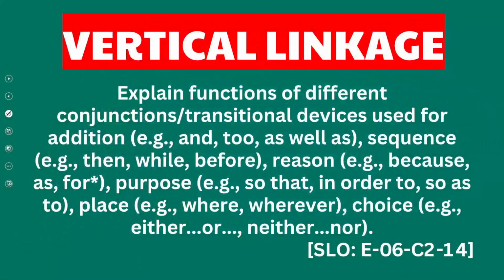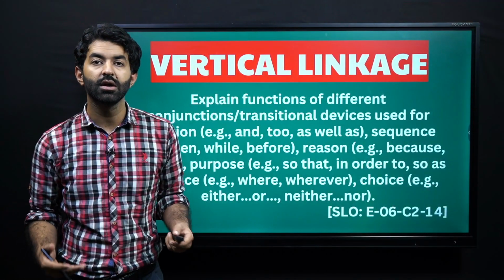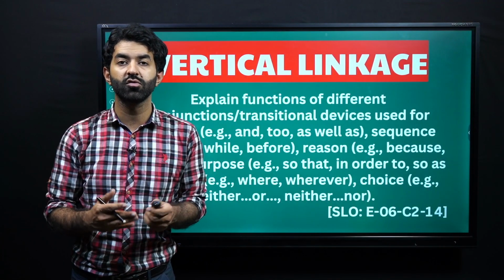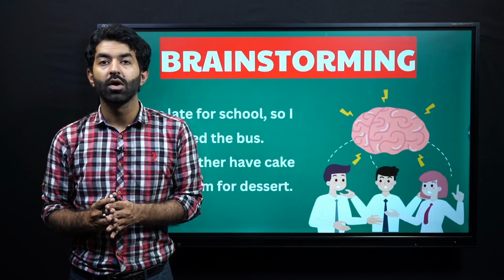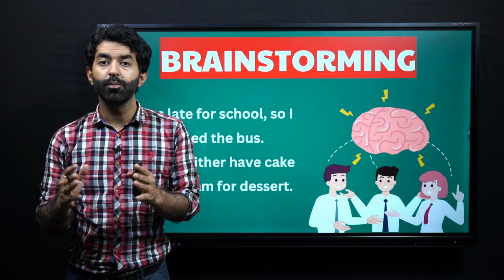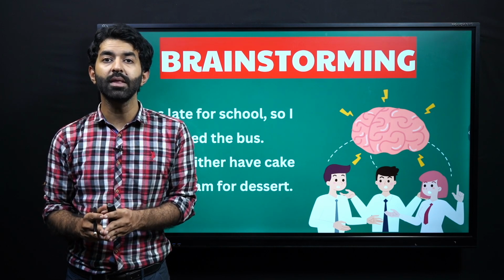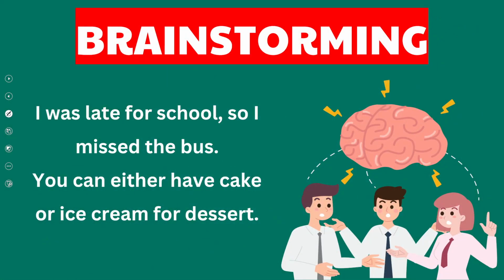This is our vertical linkage. As you can see over here, this links your SLO with the previous grade. And now let's talk about it. In our brainstorming session, before we begin the lesson, students, here are some sentences. I was late for school, so I missed the bus. You can either have cake or ice cream for dessert.